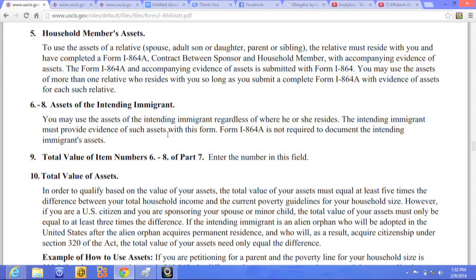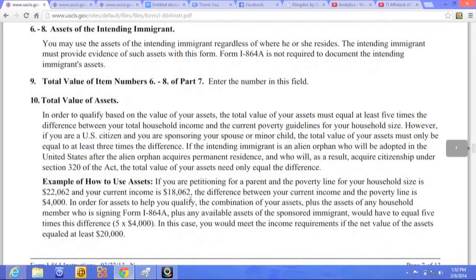But there is another difficulty. You know what it is? The total value of all those assets should be 5 times the difference. Let's see an example of what they mean.